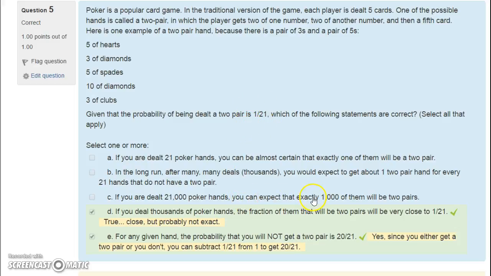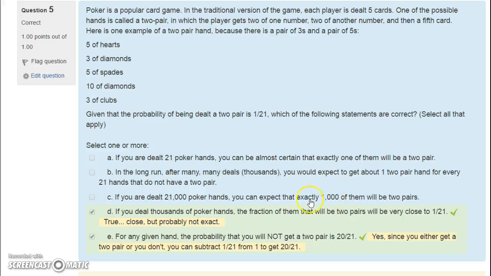Again here, even if you have a lot, we can't say that the number will be exact. What will be closer and closer to this 1/21 probability will be the actual percentage or probability that you get the number of pairs that you should get.